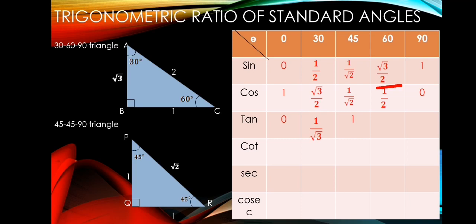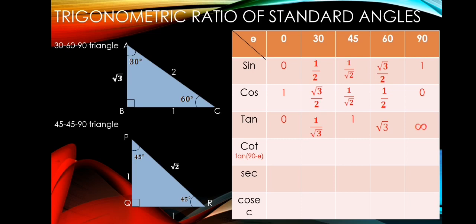The answer will be root 3. And tan 90 will be 1 upon 0. Over here we are getting 0 in the denominator, so the answer will go to infinity. So up to this we have found out sin, cos and tan values.